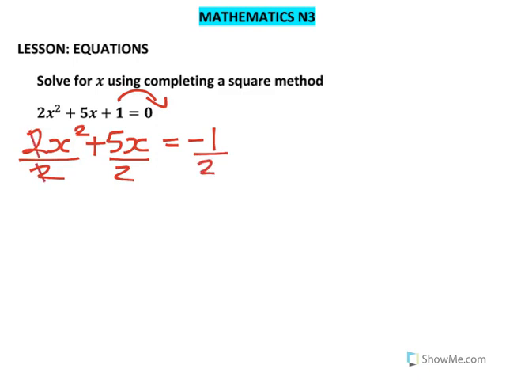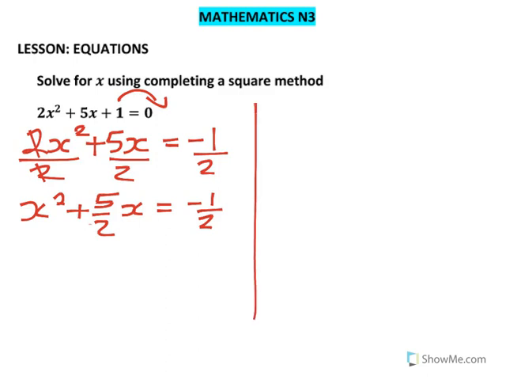When you divide it by 2, you are going to have x squared plus 5 over 2x is equal to minus half. Now, when you're completing a square, it means you have to say x squared plus 5 over 2x plus half times the coefficient of x.